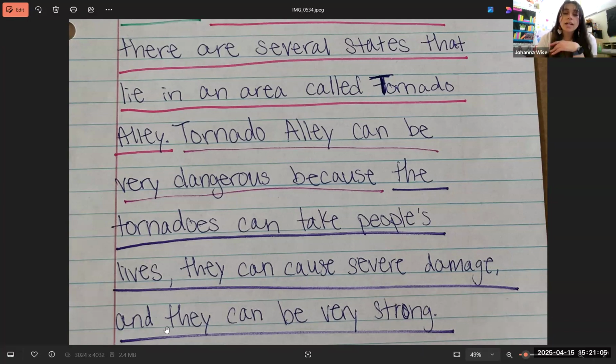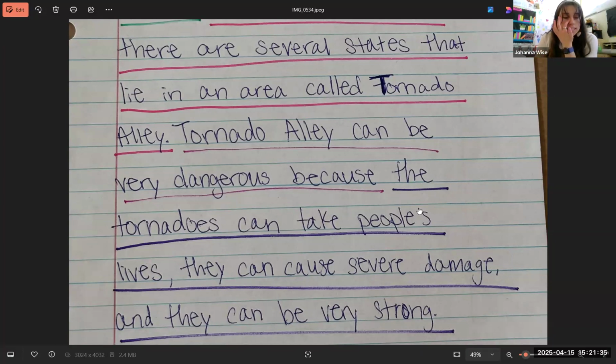And then finally, I just listed one more that I didn't have on here, but that tornadoes can be very strong. And I know that because in A Dangerous Alley, in my 3rd paragraph, it talks about how fast tornadoes can go and how wide and tall they can be. So it talks about how they can be very big, very strong, which then would cause a lot of damage and would make it dangerous.